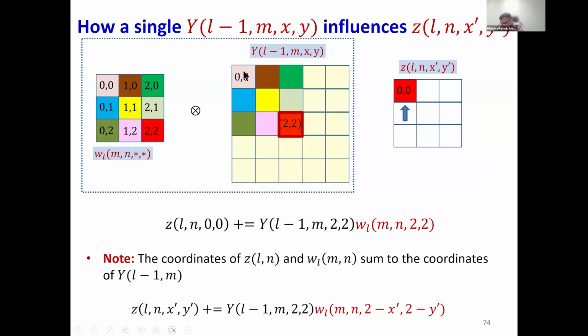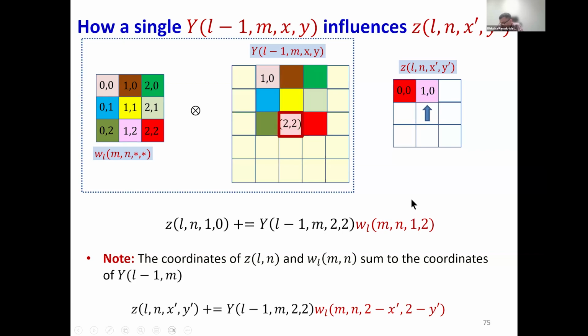So when I place the filter at the 0, 0 element, I'm computing the 0, 0 element of Z. But in so doing, Y22 is multiplying the red element of the filter, which is the 2, 2 element of the filter. So Z00 has a contribution from Y22 times W22.